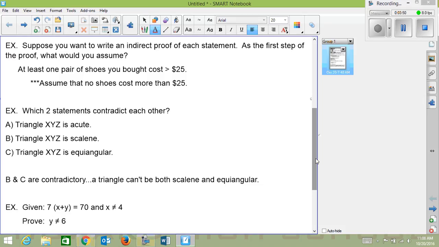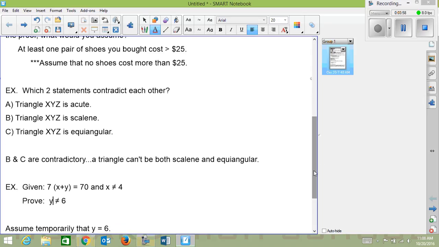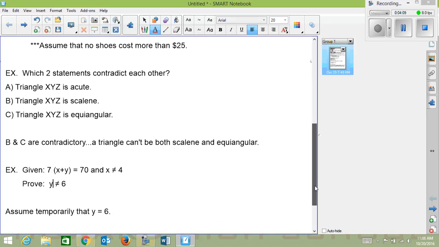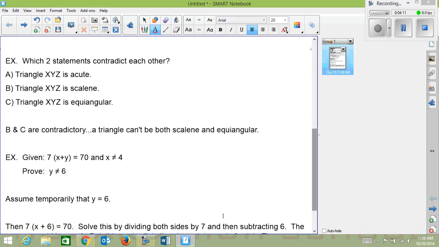Since they're telling me that y can't be 6, I'm going to assume that y is 6. You're going to assume the opposite, the negation of it. So I'm going to assume temporarily that y does equal 6. That means I'm going to plug 6 in. So 7 times (x plus 6), because I'm assuming y is 6, equals 70.